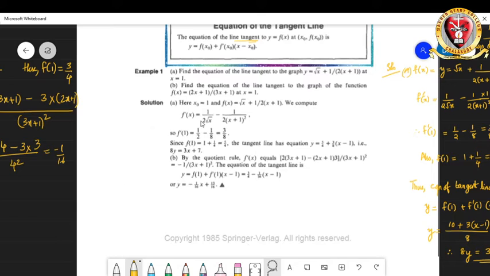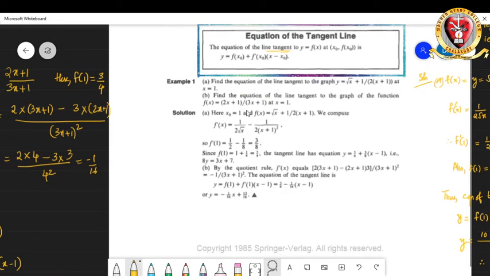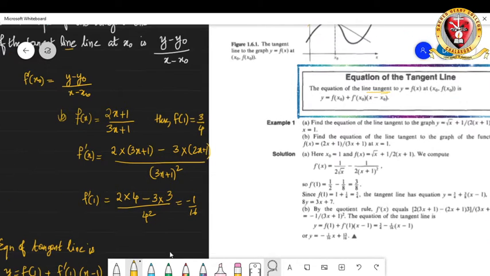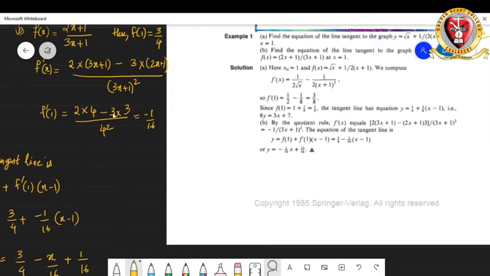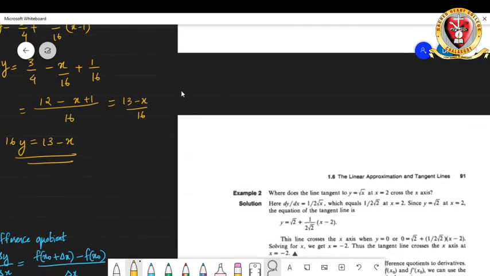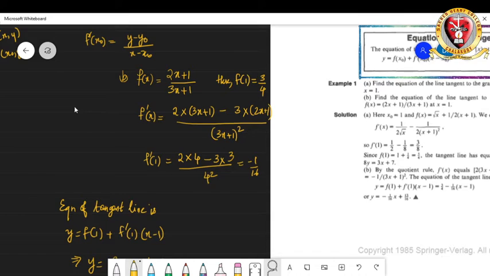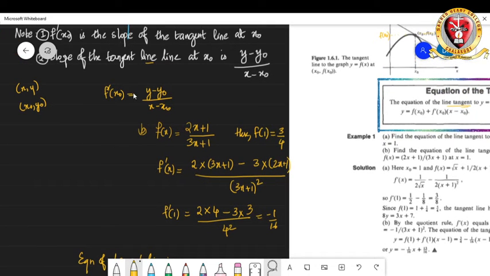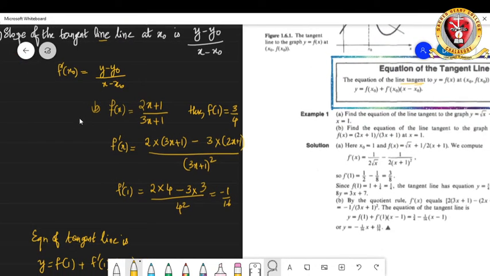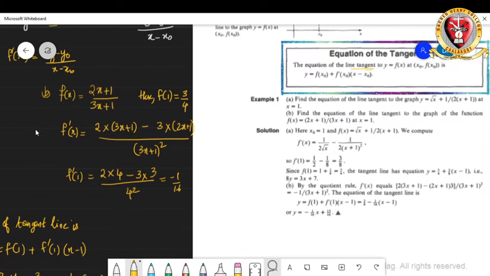The second question is the same. We have to find the equation of the tangent line. You are given the function f of x is equal to 2x plus 1 divided by 3x plus 1. You have to find it at the point x is equal to 1. So here also x naught is 1. So this is b, f of x is equal to 2x plus 1 by 3x plus 1.